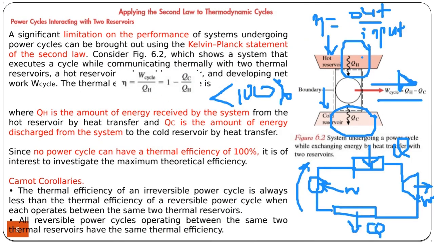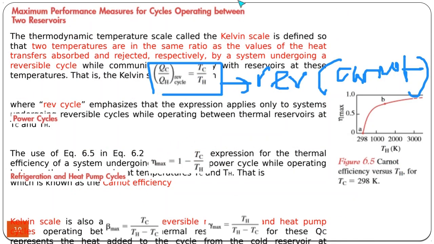So as you can see, if it's a reversible heat engine, then you can calculate the efficiency of this reversible heat engine from 1 minus Tc divided by Th. And if it's a reversible refrigerator, or in other words, a Carnot refrigerator, for cooling function, beta is calculated from Tc divided by Th minus Tc instead of Qc divided by Qh minus Qc.